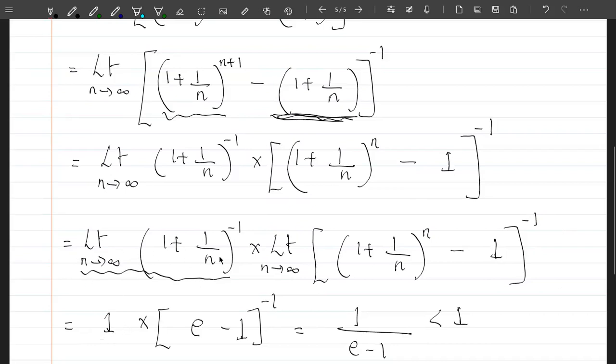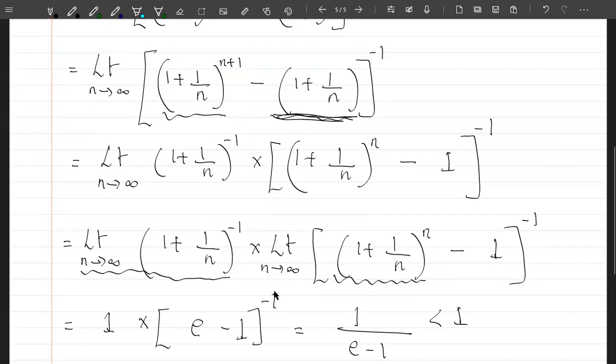This 1 is because of this first limit here. Please note the second term. For the second term, what will you get the value of the limit as? As n approaches infinity, we already know what is the value of this particular limit. What is the value of this limit? This limit takes a value e. And as n approaches infinity, what will be the value of this one? That will be 1 itself, it will not change.